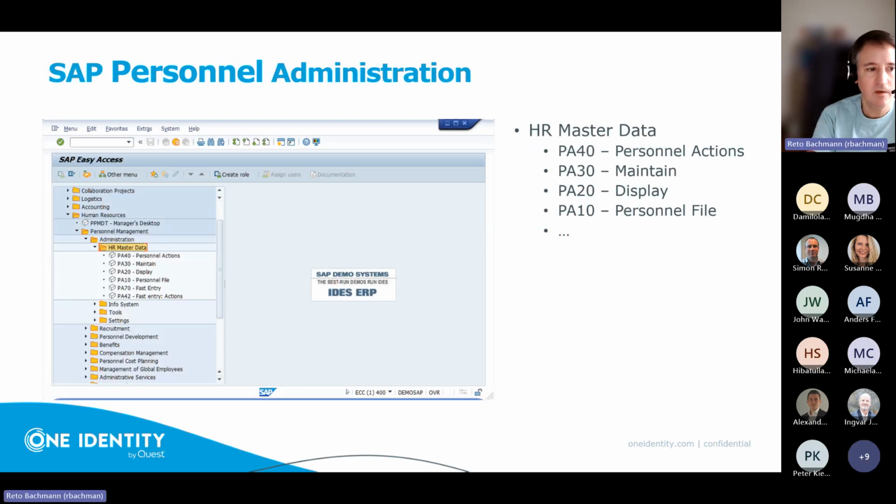So in SAP, all this information is managed in the HR master data. The transaction code is PA40, or there are different ones, like PA20, which is just for displaying the information. With PA30 you can maintain. There are different transactions for how you can handle these master data records in SAP.